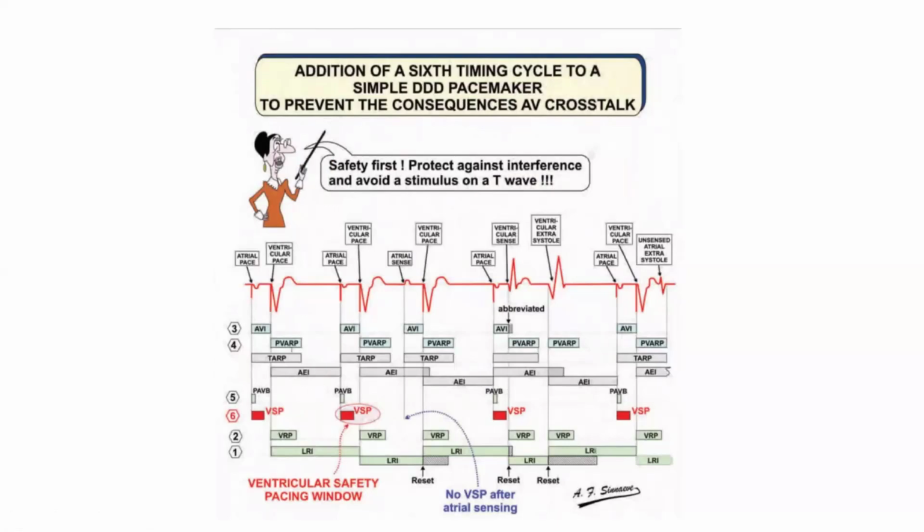So I add a ventricular blanking in cases of atrial pacing, and I add a ventricular safety period also after atrial pacing, because if anything happens in this duration, it will cause early firing that will avoid the patient going into asystole.